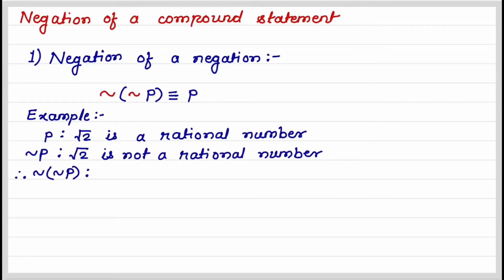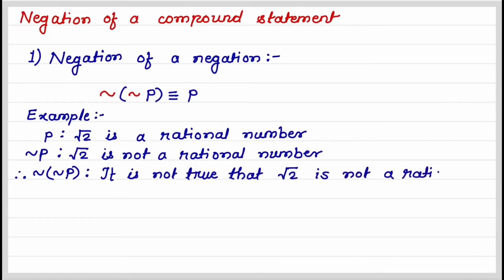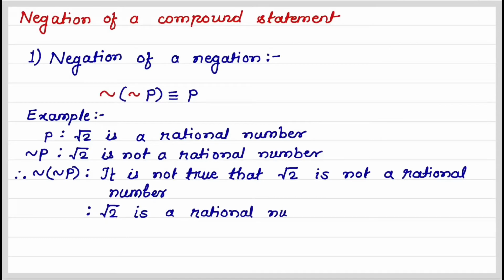Now negation of negation is, it is not true that root 2 is not a rational number, which means root 2 is a rational number. From this we can say these two statements are equivalent. So negation of negation P is equivalent to P.